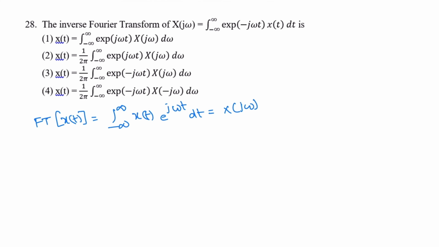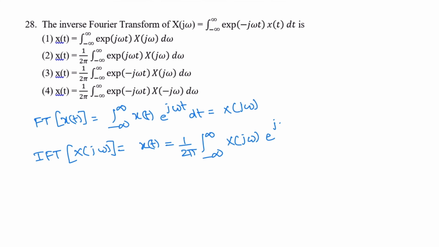So the inverse Fourier transform of X of j omega will give x of t, small x of t, and its value is 1 by 2 pi integral from minus infinity to infinity capital X of j omega e power j omega t d omega. So the correct option is 1.